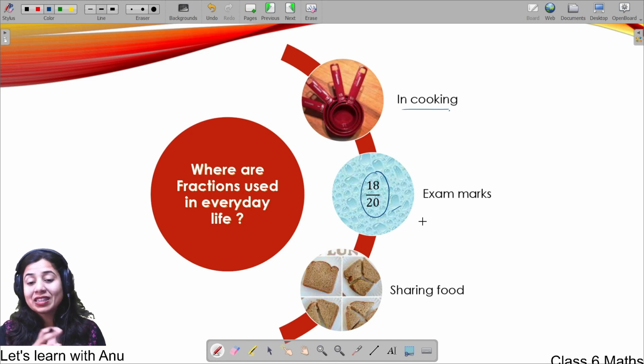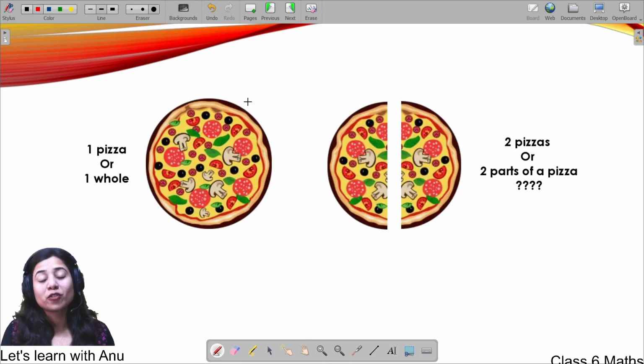I hope with these few examples, I am able to convince you all that fractions are an indispensable part of our life and they impact everything profoundly around us. And to make proper use of it in our daily life, let's jump into it and understand the basics of it.